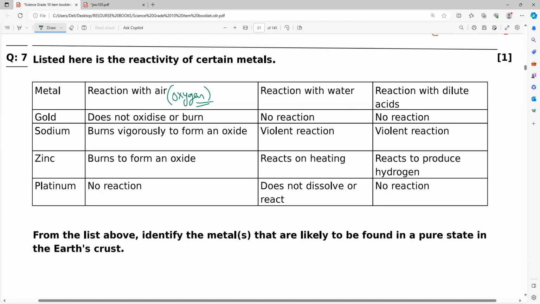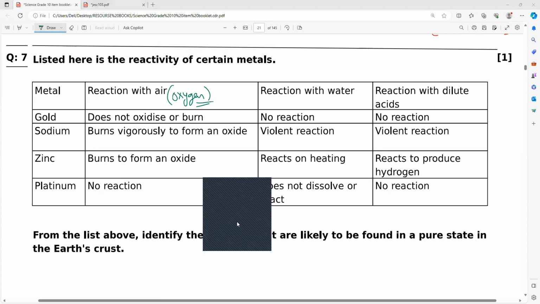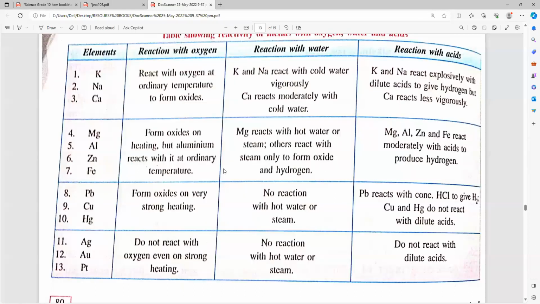Try to remember it from the class 8th ICSE book. It is the most important tabular column.